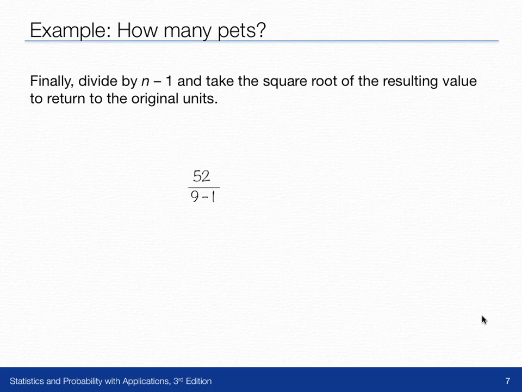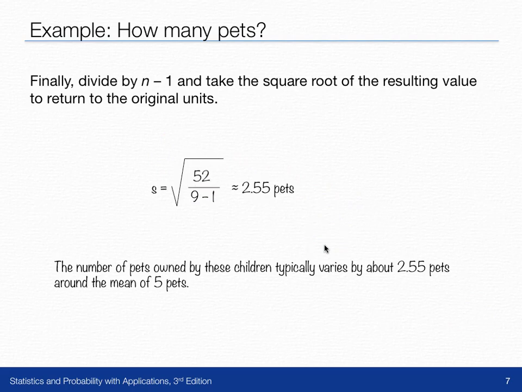In this case, there are 9 children, so we're going to divide by 8. And we'll take the square root of that resulting value to return to the original units. Because that 52 is a squared value, we want to return to the original value of pets. So taking the square root of 52 divided by 9 minus 1 gives us about 2.55 pets.